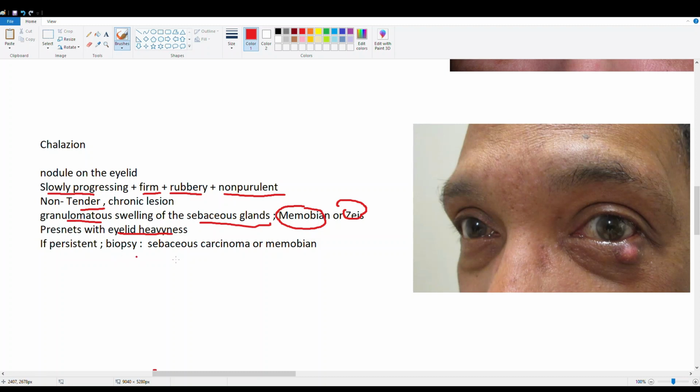If it's persistent, one important clinical feature is that you have to check for sebaceous carcinoma. So if they keep getting this over and over again, maybe you've done an incision and drainage, maybe you've cut it out, and it comes back, then you have to check for meibomian carcinoma, essentially sebaceous carcinoma. So if these things last for more than 2-3 weeks, you might want to consider getting a biopsy of it just to double check.